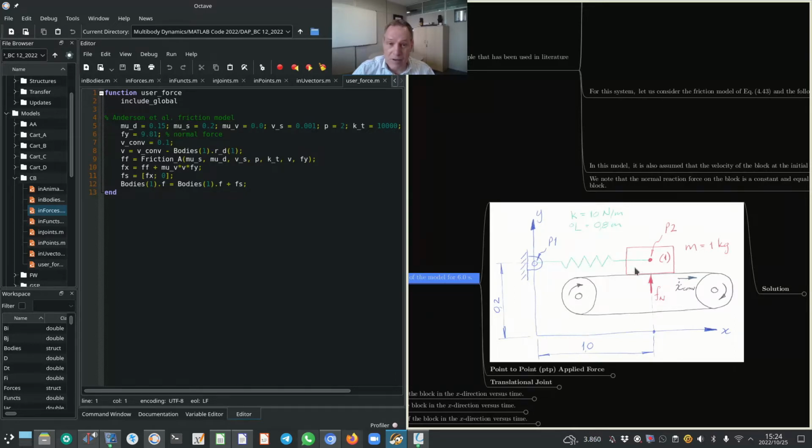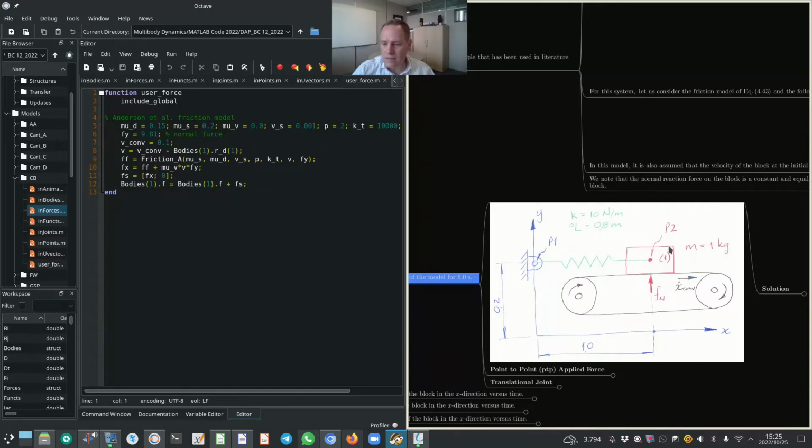What I have not indicated, and it is trivial to add that, is the local xi-eta axes for body 1, which will obviously be positioned at the center of gravity.